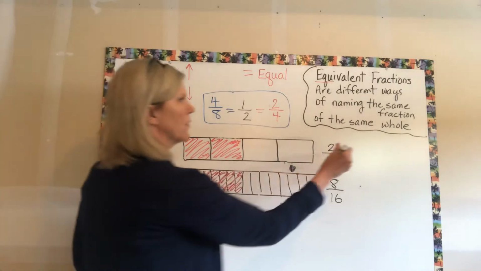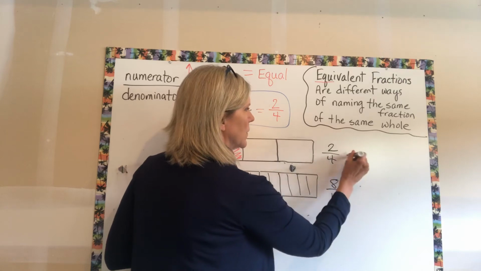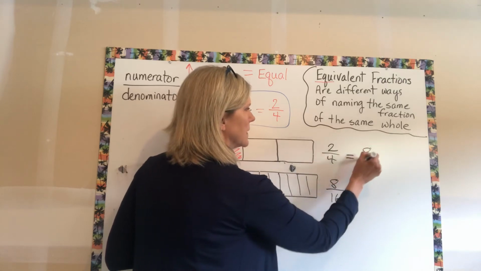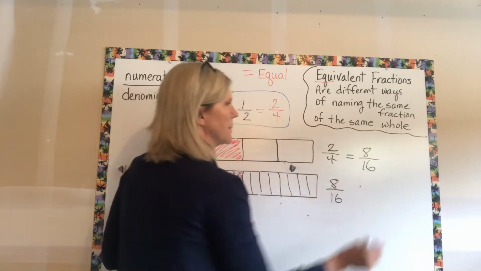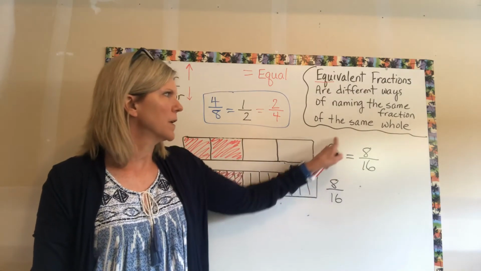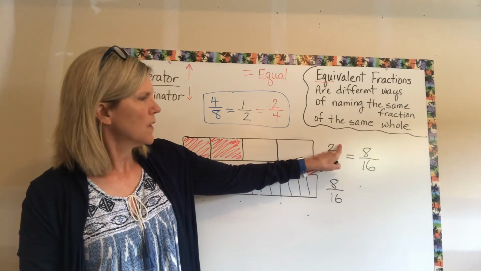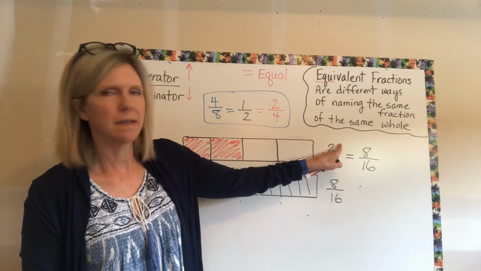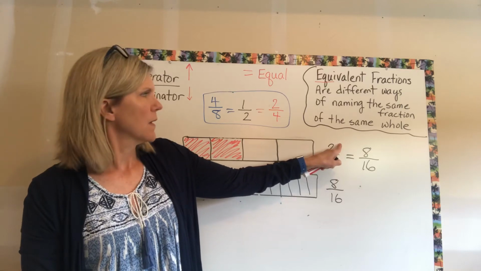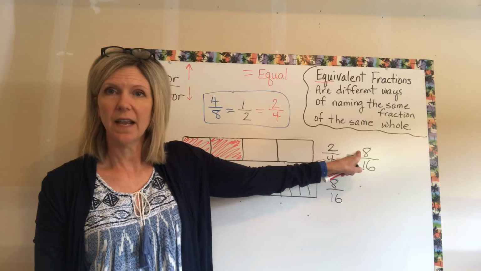Let's write out our formula. 2/4 equals 8/16. Now what do I multiply here or here? Let's start. This one's easier. Ethan, what would I multiply? 2 times what is 8?